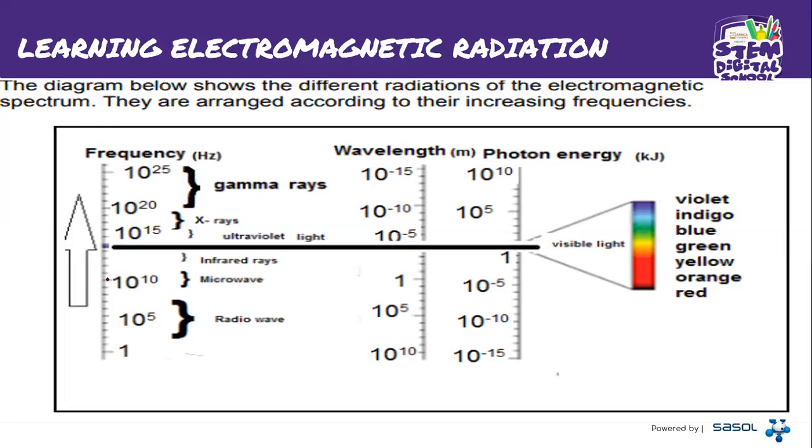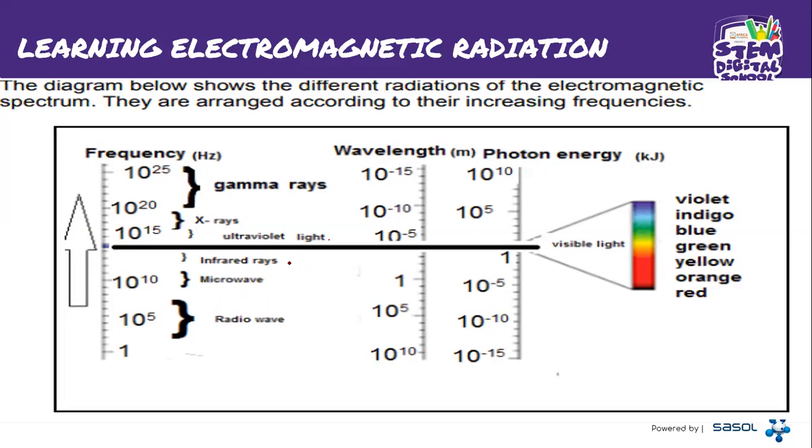So, dear my learners, we can see an arrow and it's going up. It means this is the arrangement that they are talking about there. And I can see it's going from radio waves to microwaves to infrared rays to visible light.